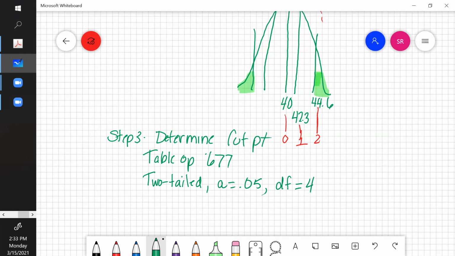So let's pull that chart up. And I do have it here for you.